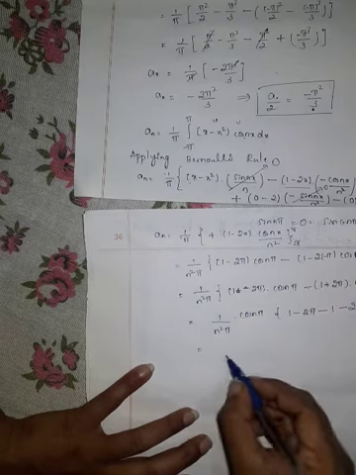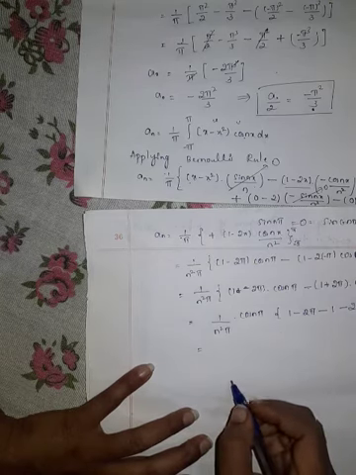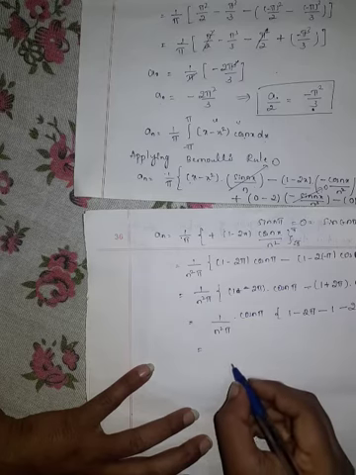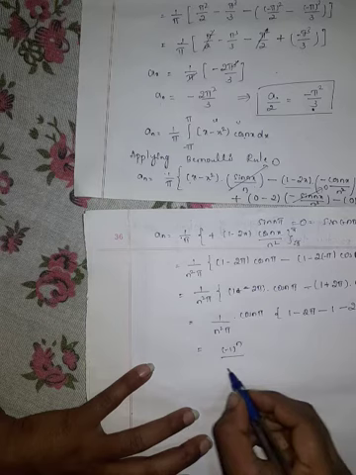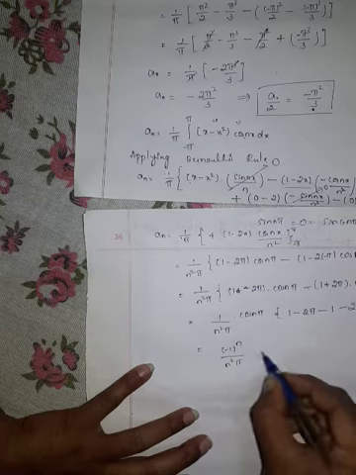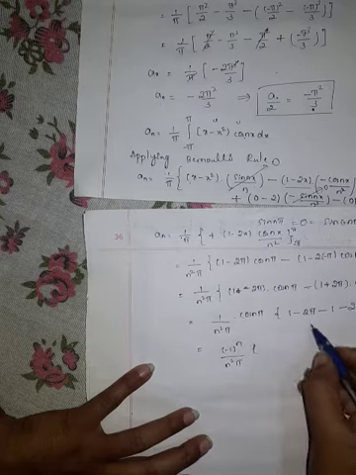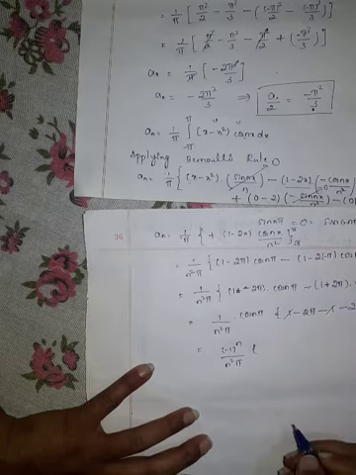As you know, cos n pi is nothing but minus 1 raised to n, divided by n square pi. Minus 1 plus 1 will get cancelled.